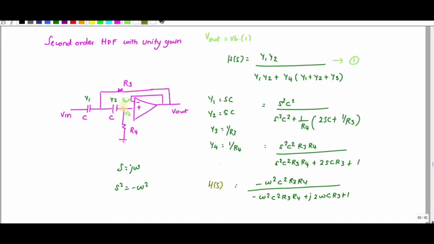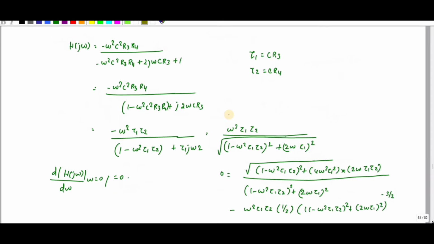In order to make the simplification easy, I have substituted SC instead of S1, SC1 and SC2. So this is how the equation is.